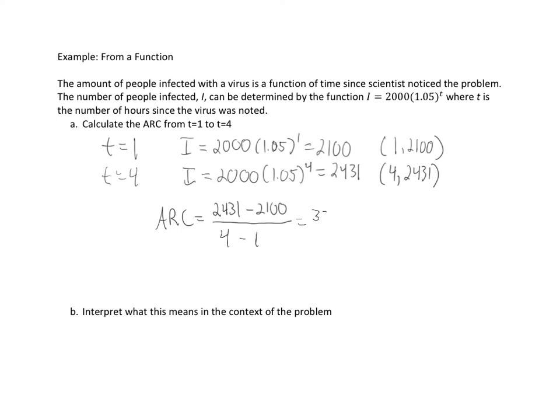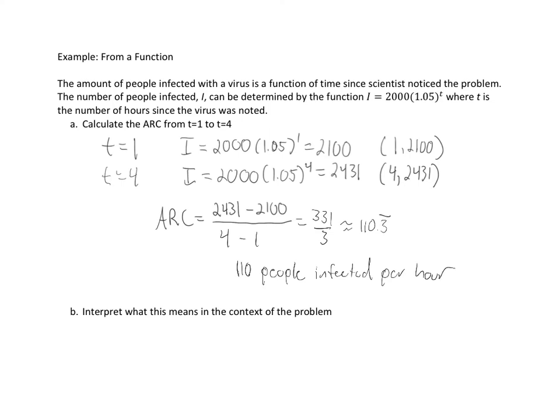That gives us 331 over 3, which is about 110.3, and then you'll notice that's repeating. So I would say that, since we're again talking about people, that's 110 people infected per hour.